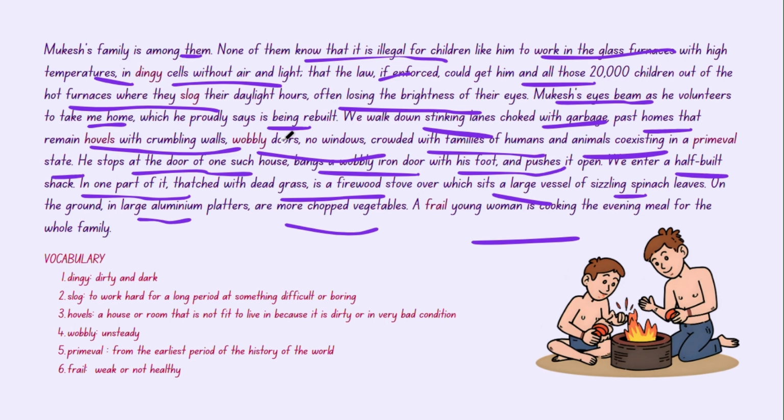They have wobbly, unsteady doors, no windows, and are crowded with families of humans and animals all living in the same place, in such a primeval state as early people used to do.